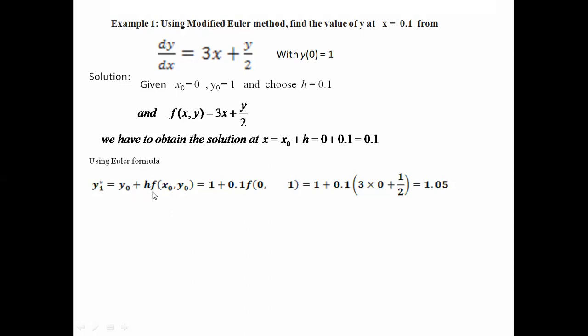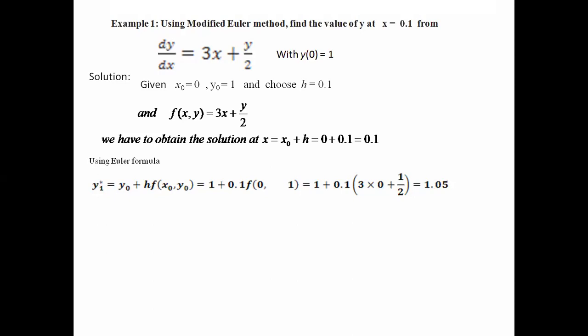The Euler formula is y0 plus h into f of x0 comma y0. Here y0 is 1, h is 0.1, and f of 0 comma 1 is 3 times x plus y by 2, which is 0 plus half. So 0.1 by 2 plus 1 means 1.05. This is the rough approximate value of y1; you have seen this method in the previous case, Euler's method.